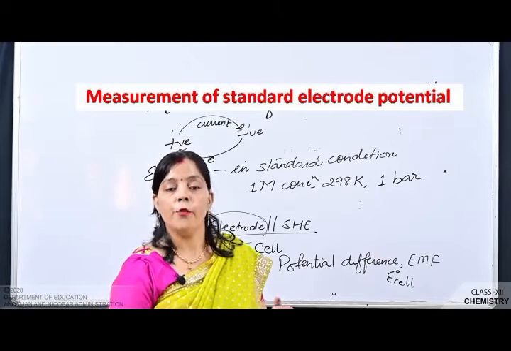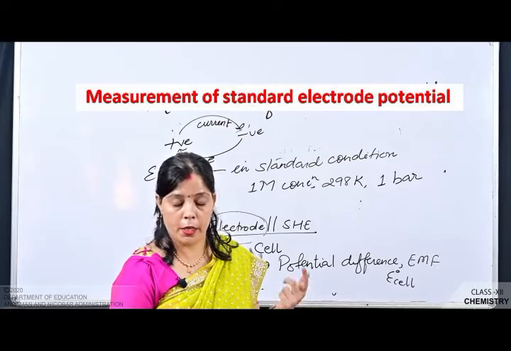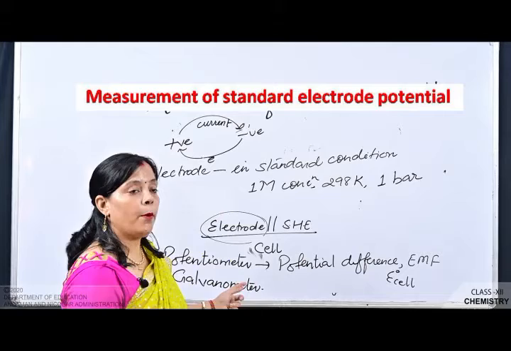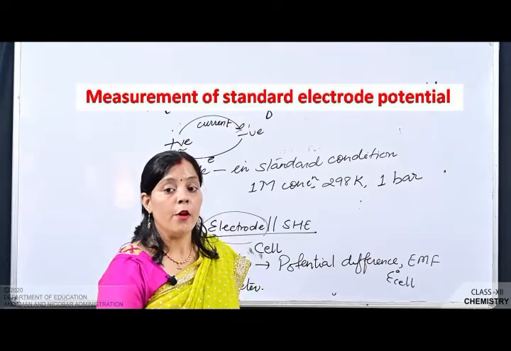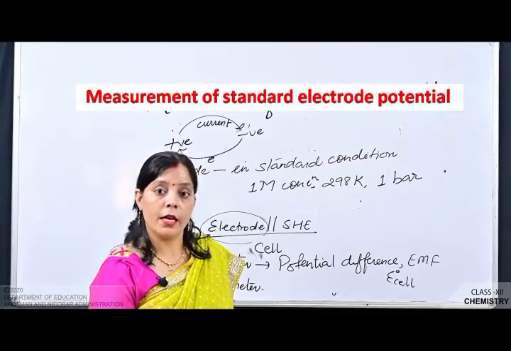So in this way we can determine the potential difference between the electrodes attached in the electrochemical cell, and with the help of this galvanometer we can know the direction of flow of the conventional current.